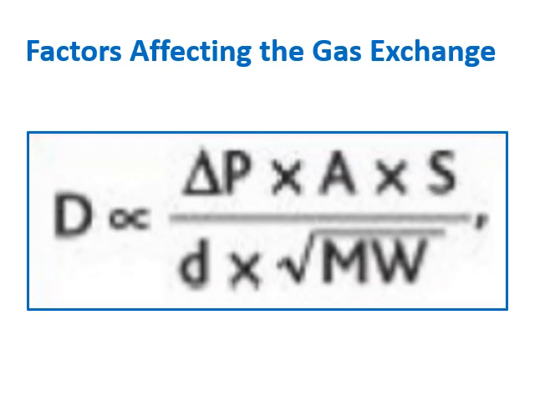The next factor that affects the gas exchange is the distance that the gas will cross through it, which is the thickness of the membrane. The thickness of the respiratory membrane is as little as 0.2 micrometer with an average of 0.6 micrometer. The rate of the gas diffusion is inversely related to the thickness of the membrane.